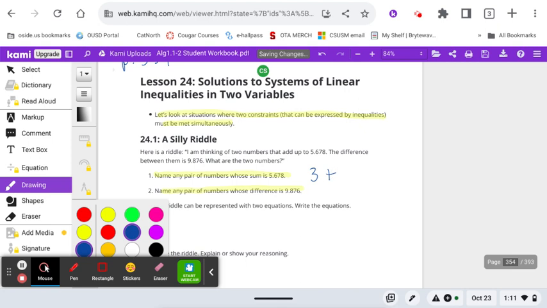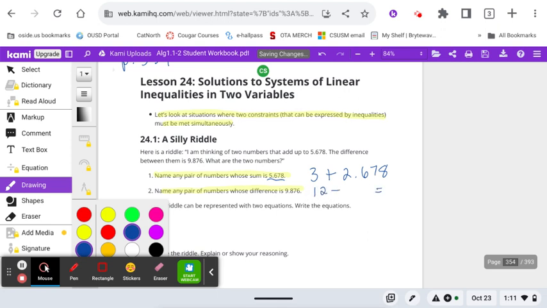For example, a student said 3 plus 2.678. And then obviously that adds up to this 5.678 if you test that on a calculator. And then any pair of numbers whose difference is 9.876. So to stay in positive numbers, I had students choose a larger positive number.